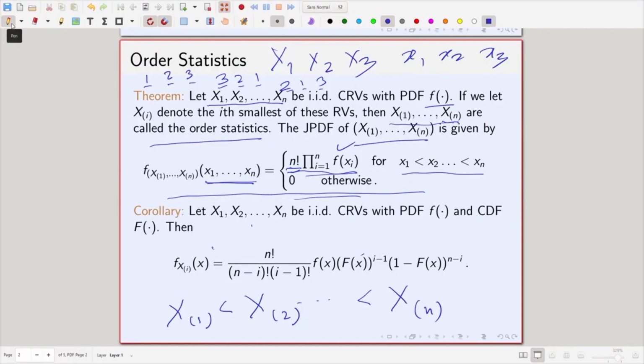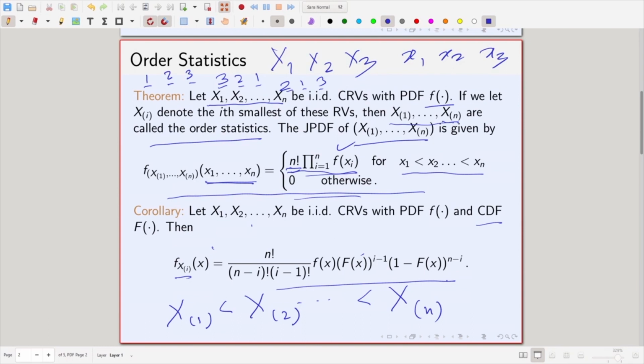So here this corollary is saying: let x1, x2, ..., xn be IID continuous random variables with probability density function f and cumulative distribution function capital F. Then the marginal density of the ith order statistic, x bracket i, is given by this quantity.